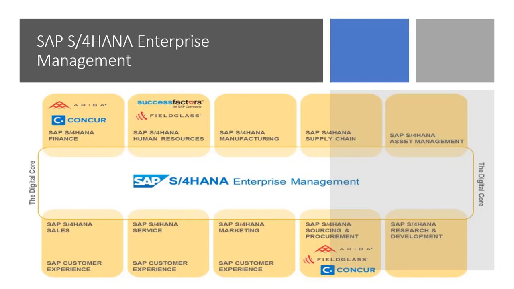We can see the S4 HANA manufacturing, S4 HANA supply chain, S4 HANA asset management. So you can procure these features as a standalone feature and integrate them to your S4 HANA if you wish to. Some companies might not want to buy the full version. They might decide to get specific products for specific use. And the S4 HANA Enterprise Management has been able to develop this functionality.